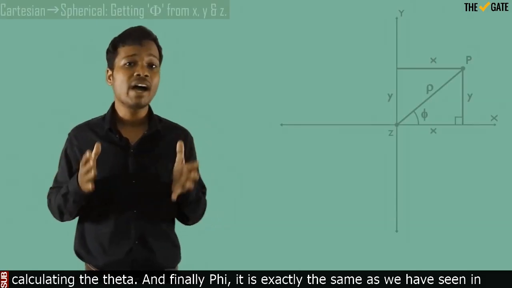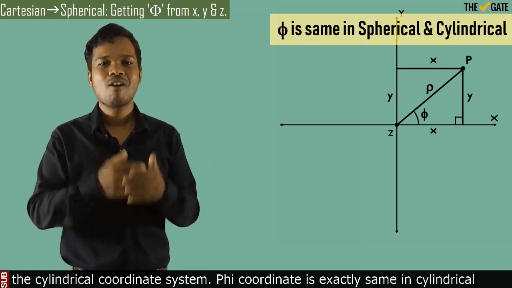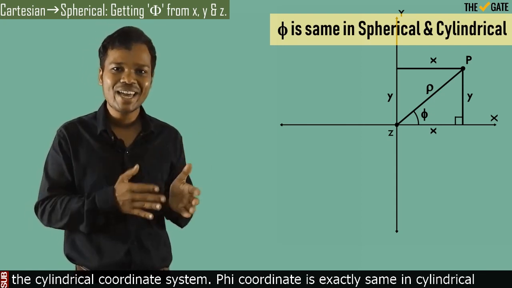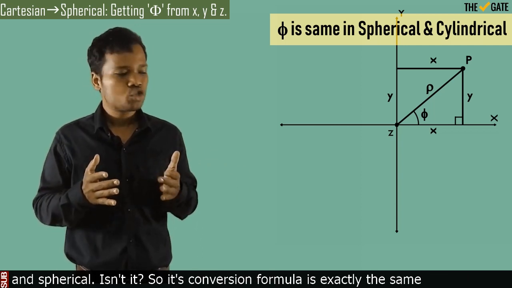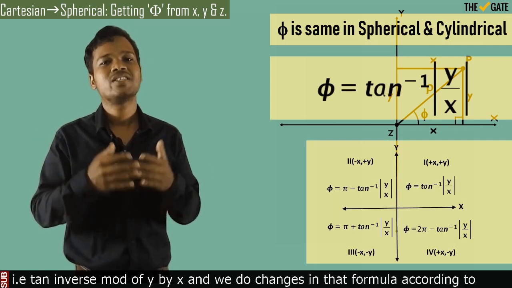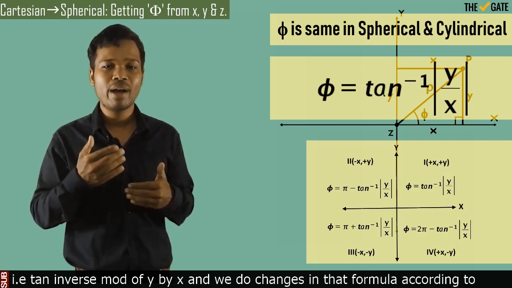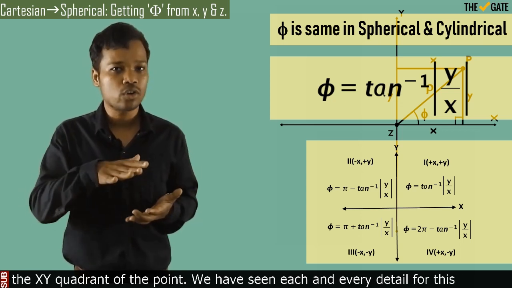And finally phi, it is exactly the same as we have seen in the cylindrical coordinate system. Phi coordinate is exactly the same in cylindrical and spherical, isn't it? So its conversion formula is exactly the same, that is tan inverse mod of y by x, and we make changes in that formula according to the xy quadrant of the point.